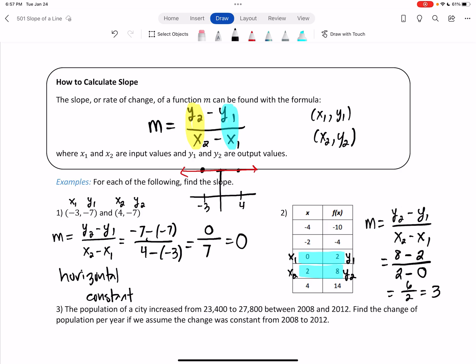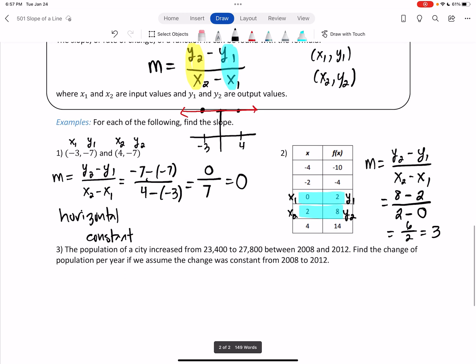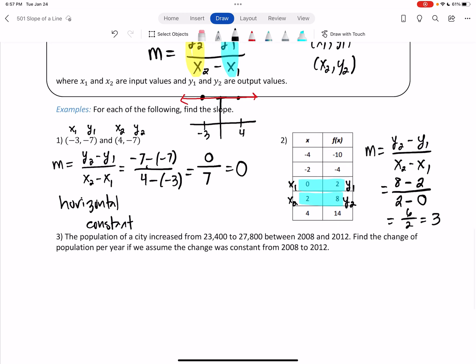If I picked two different points, I should still get the same answer of 3. My computation might look different on the way there, but the answer will still turn out to be the same. Notice that these y values are going up as x goes up, so that's why we got a positive number for my slope.